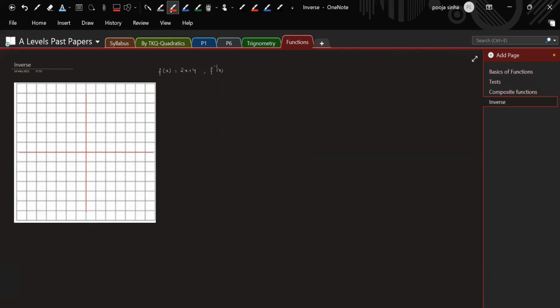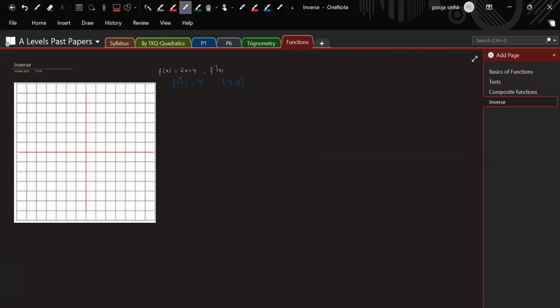Okay, so I will try to do one thing. Let me find out what the values are after I plot these. Let me find f of 0 first. When x is 0, what will be the value? 4. So that means one point is going to be 0, 4. Another point will be, let's take f of x, that is y, as 0.